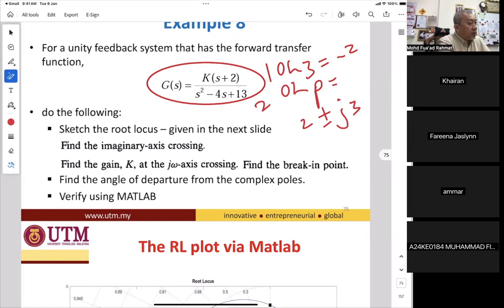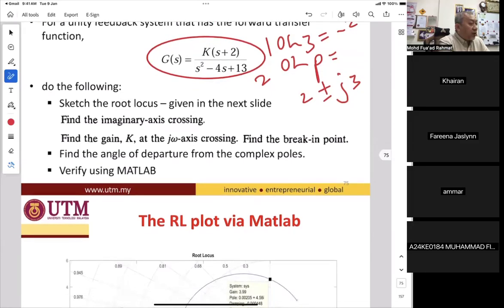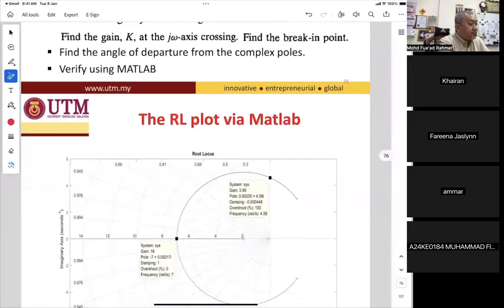You are required, the root locus is given in the next slide, to find the imaginary axis crossing, find the gain K at the j omega axis crossing, find the break-in point, find the angle of departure from the complex poles, and verify using MATLAB.